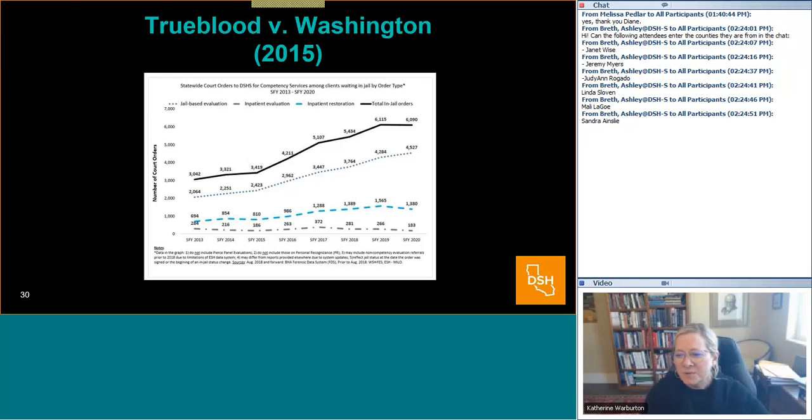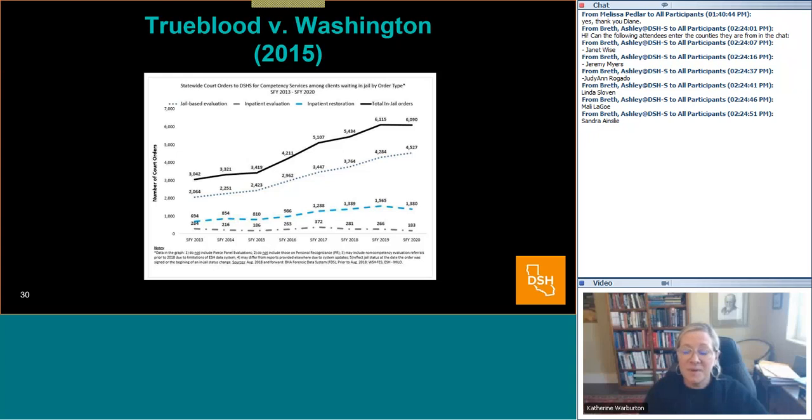By 2019, that number jumped to 6,115. So they are given a mandate to get people in quickly in 2015, and 4 years later, the referrals have nearly doubled. So it's an almost impossible formula for state hospital systems when you think about how difficult it is to build a state hospital bed, even if you're building and admitting and treating as fast as you can.